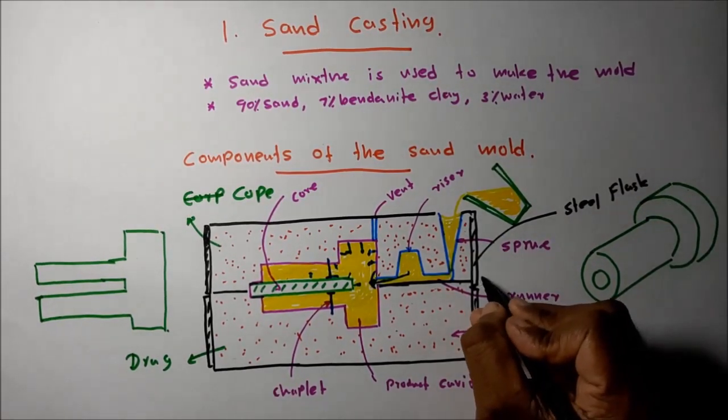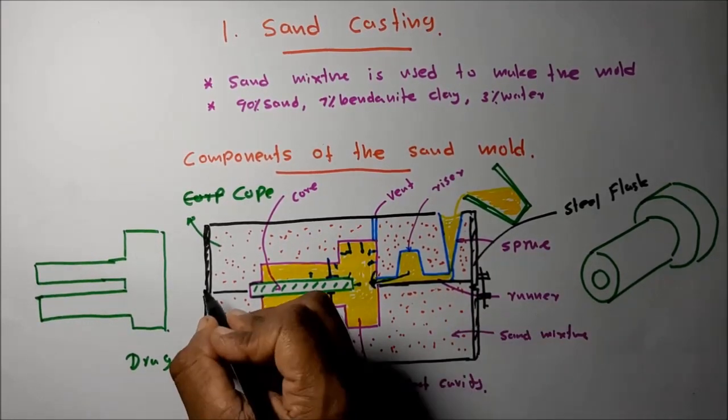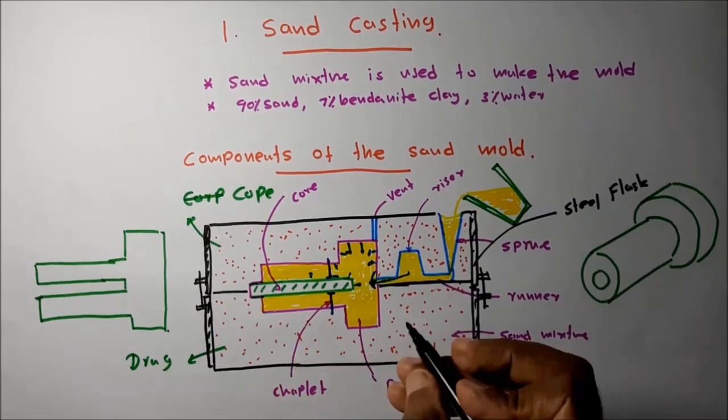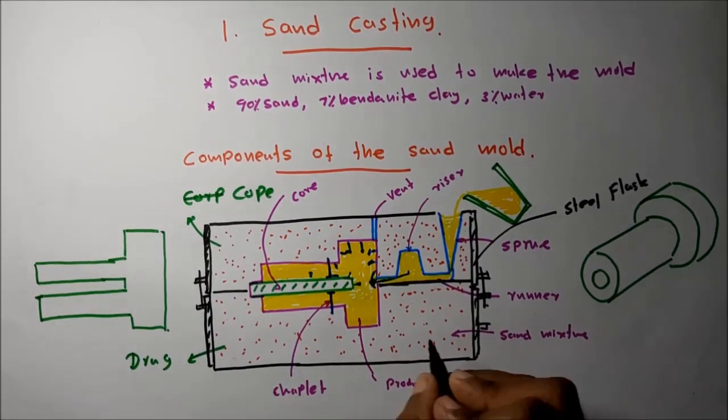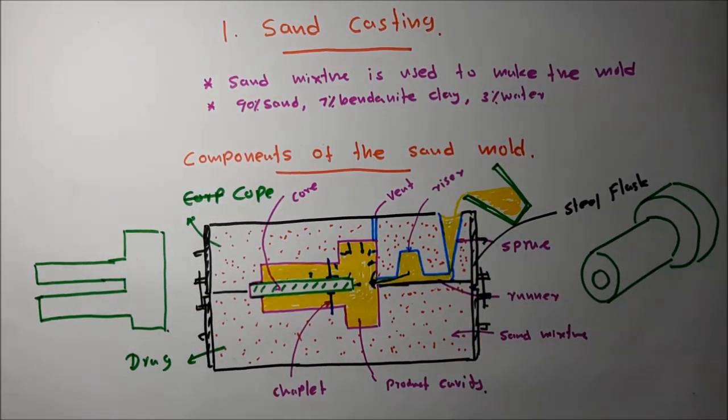It has connecting guide pins, tightening screws, and handles to handle the parts separately. Then I will explain how to make the mold using this in the casting operation.